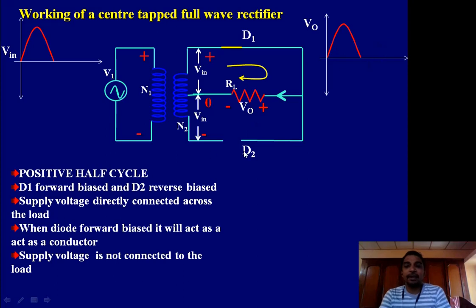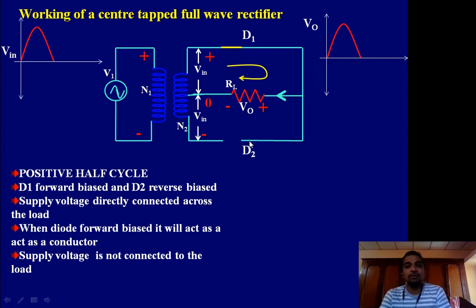At the same time, D2 will be open circuit. What is the peak inverse voltage? The safest voltage of a diode which we can apply in reverse bias, right? Safest means below the maximum point, below the breakdown voltage.